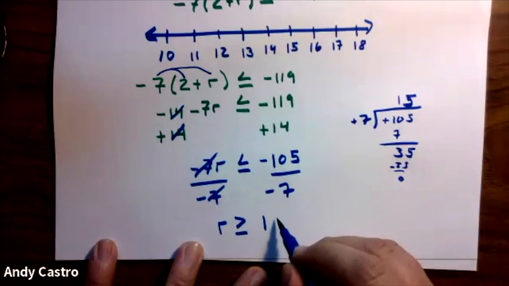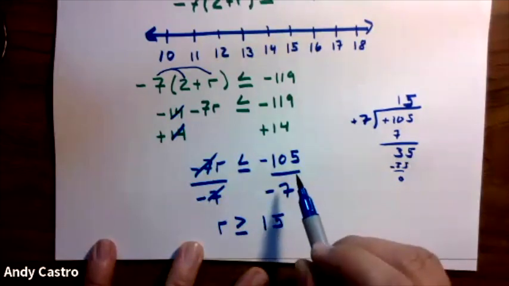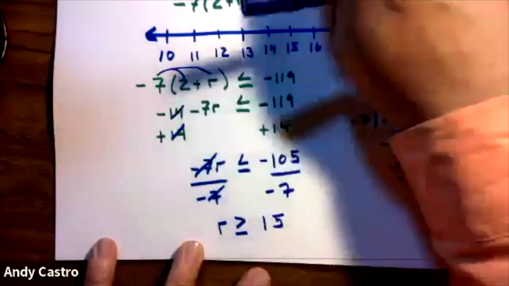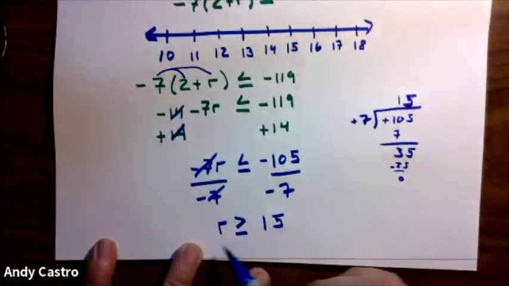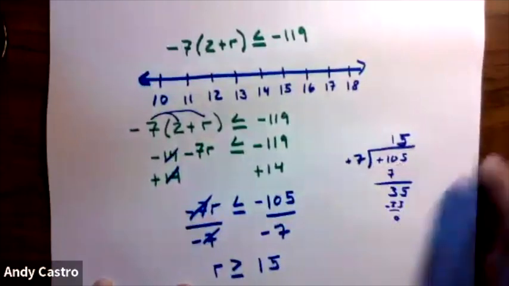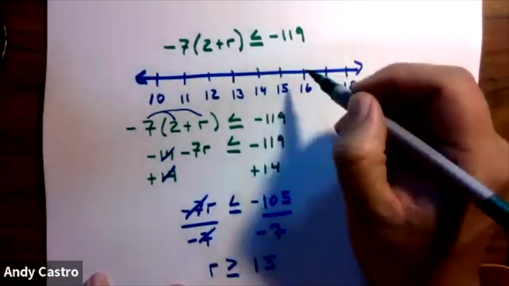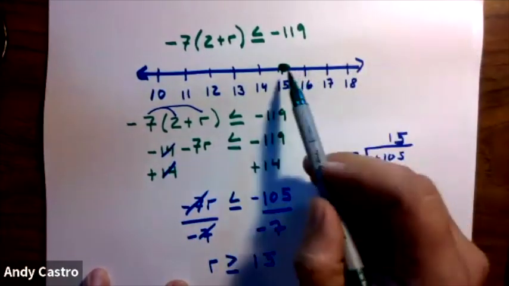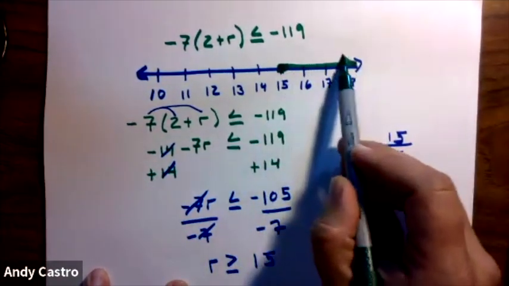All right. Okay, so r is greater than or equal to 15. So that means up here, I can be 15 and anything greater than 15.